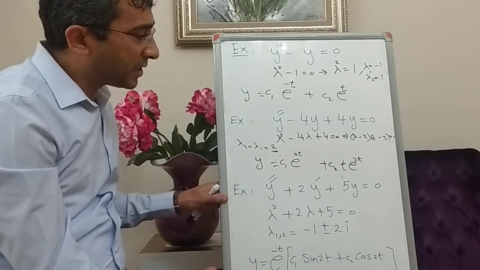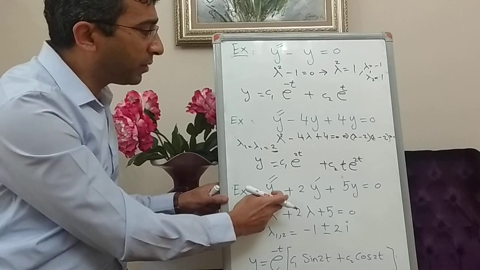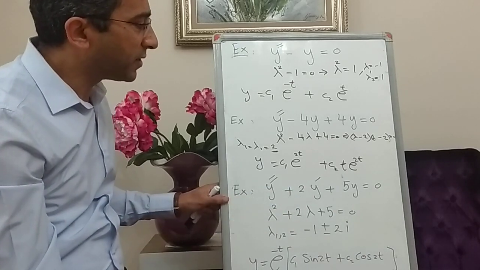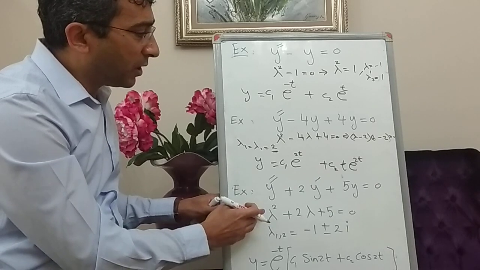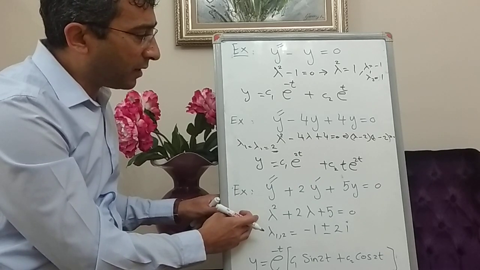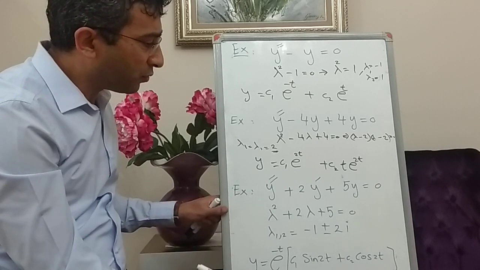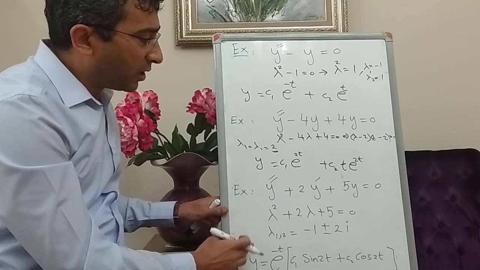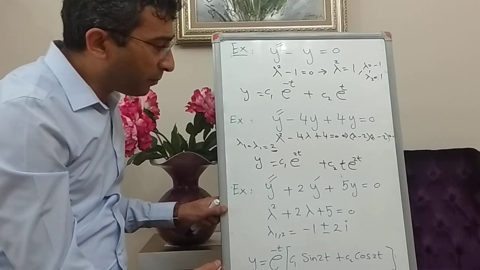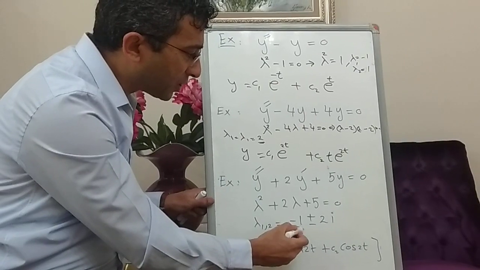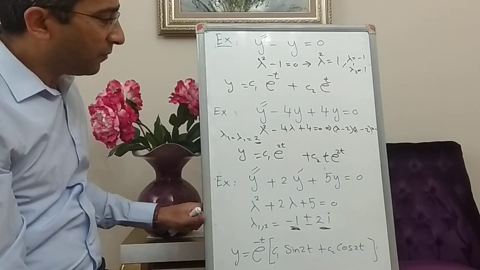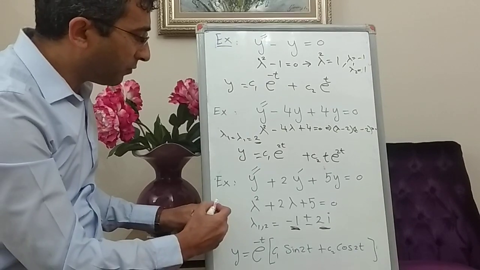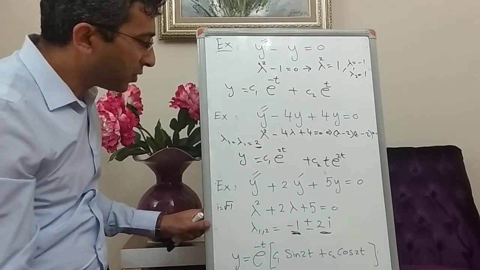The last case, y double prime plus 2y prime plus 5y is equal to 0. If you write the characteristic equation, you will need to use the formula for the quadratic equation to find the roots. If you do that, you will obtain that the roots are complex roots. You have a real part, which is minus 1, and a complex part 2i, where i is the square root of minus 1, as you know.